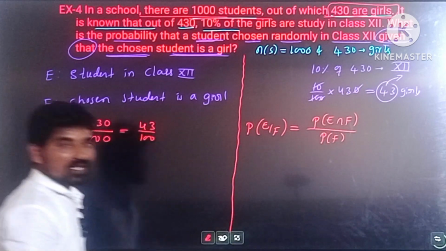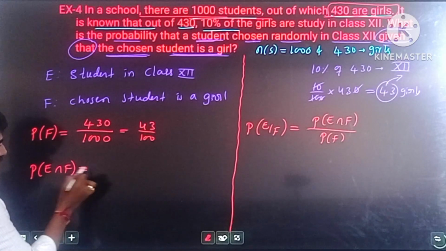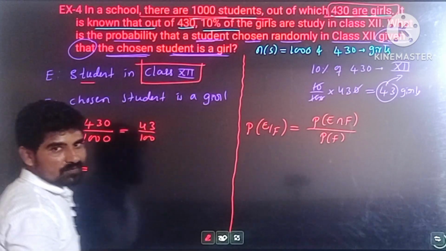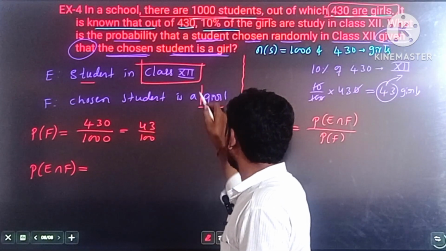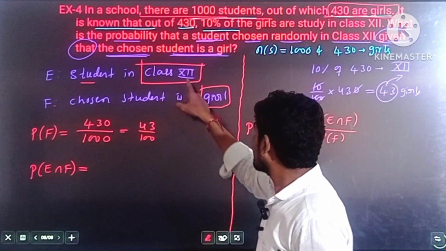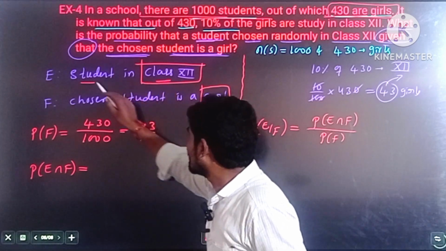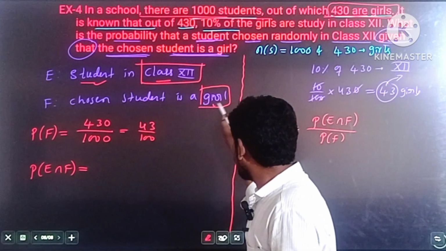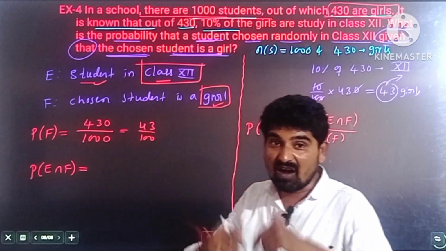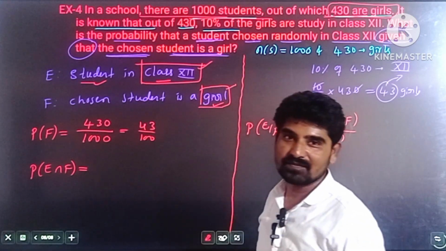And also we need the probability of E intersection F. See here, event E is a student of class 12th, and F is a student who is a girl. It means the common students in E and F are nothing but girls in class 12th.